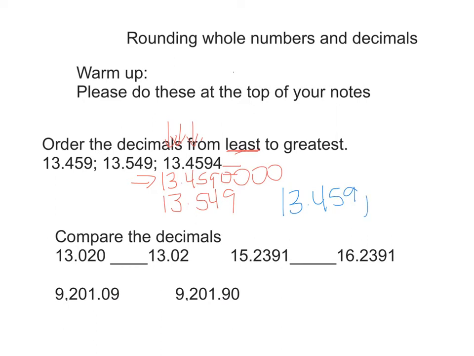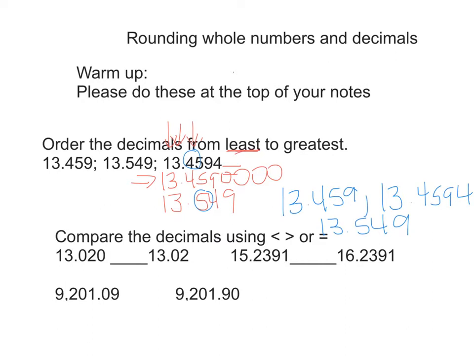And then I go back, and if I look at the tenth spot, I know that 13 and 4,594 ten thousandths is the next smallest. And then my greatest number is 13 and 549 thousandths.